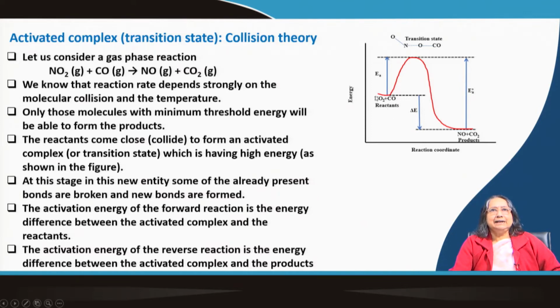These are the reactant molecules, these are the product molecules. If the reactant molecules are to react, they have to come close. We all know that they have to come close with sufficient speed and sufficient energy, and they have to collide.